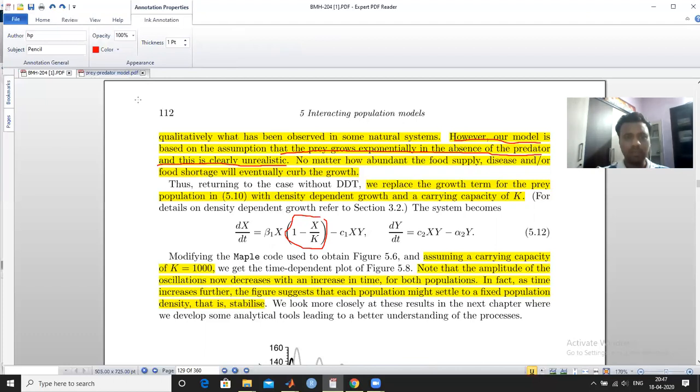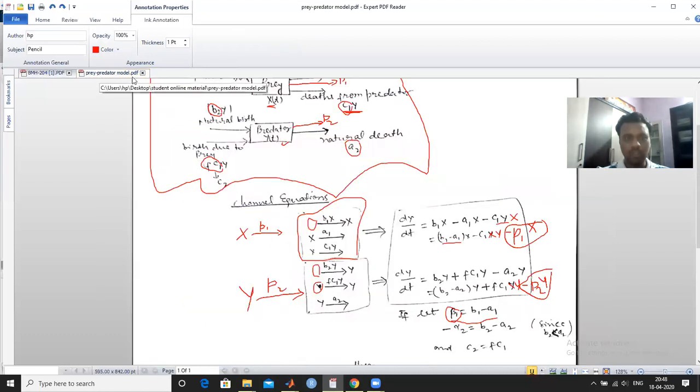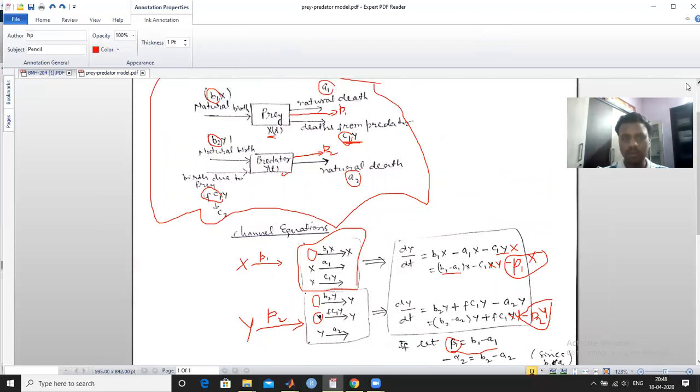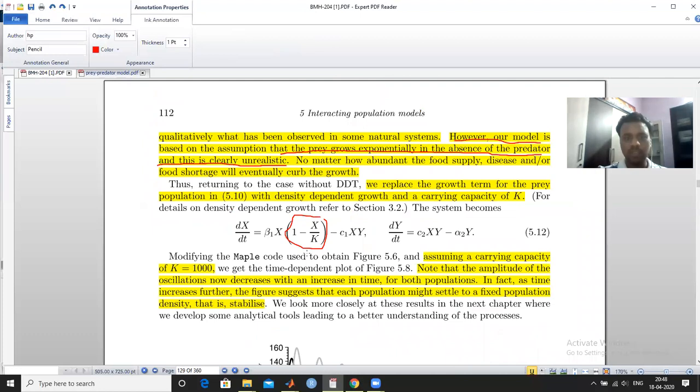So it was the rate b1x. So this b1 is replaced by this.